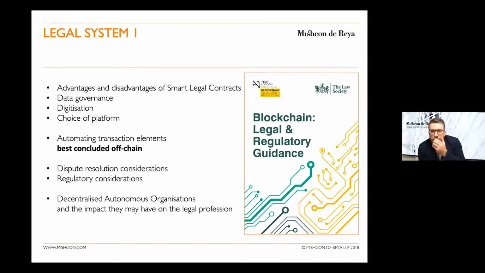We just worked with Tech London Advocates and the Law Society looking at a whole variety of different legal considerations when it comes to the deployment of these systems. If those are of interest to you, please go away and read that report in some detail. Also, figuring out what is best conducted off-chain is a key takeaway. There are things at the moment where on-chain causes more potential downstream issues, so you need to start to tease these things apart.